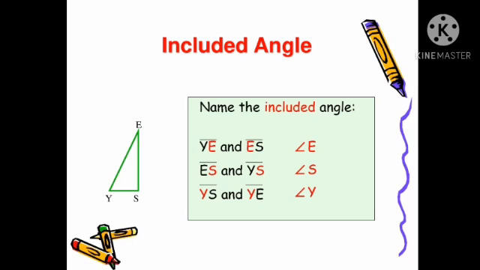The first one, YE and ES: between the two sides, the angle is angle E. Next pair, ES and YS: the angle is angle S. Next, YS and YE: the angle is angle Y. This is very important, how to identify the included angle between two sides.